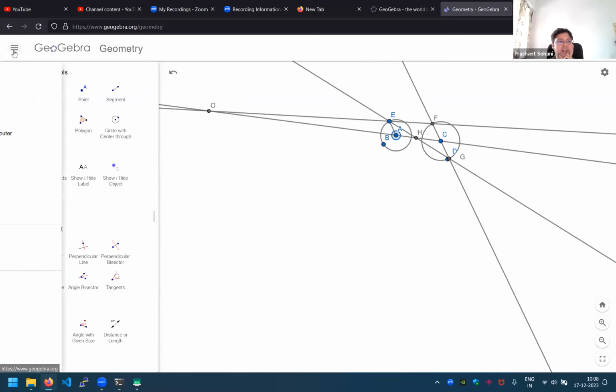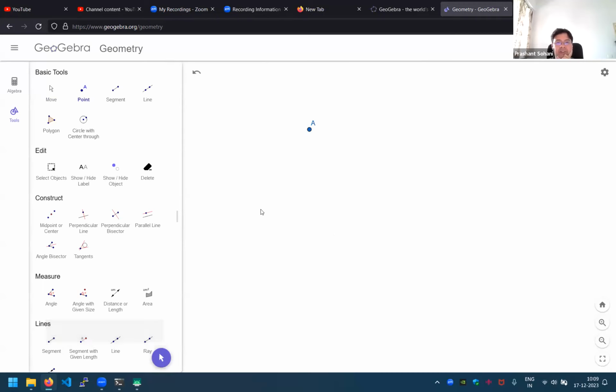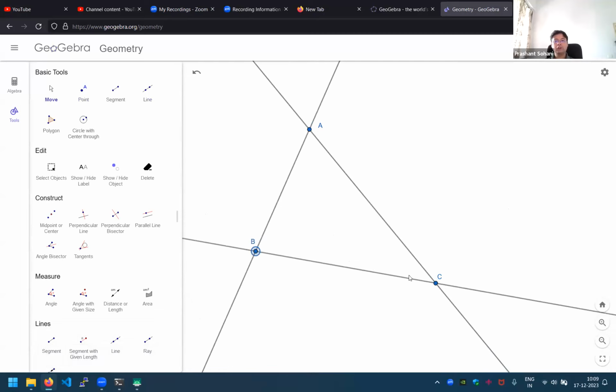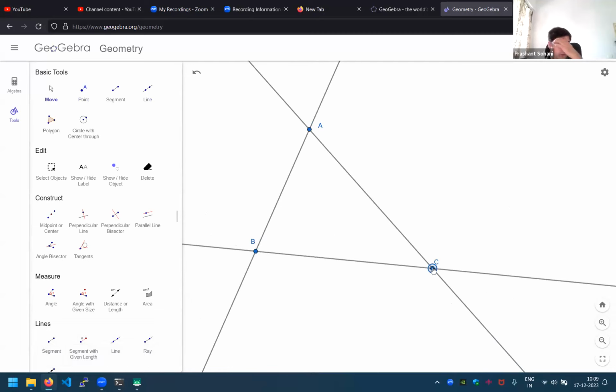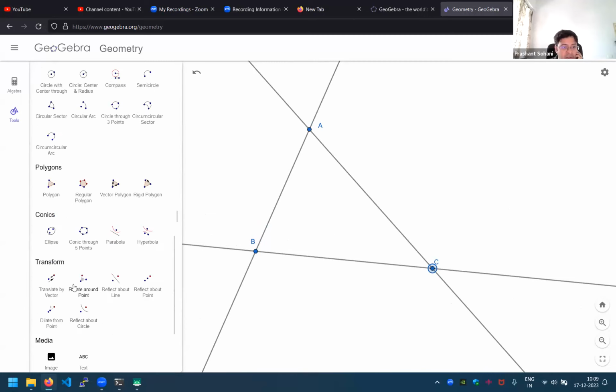So if I delete this diagram and construct a triangle ABC, okay, and let us say for now, I did not know that I'm going to get the centroid. So let me just draw the circle, let it be a surprise for us.